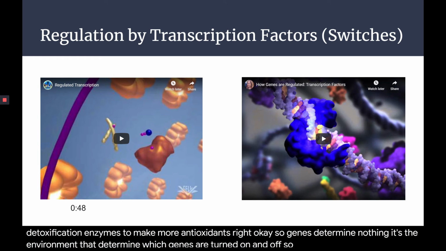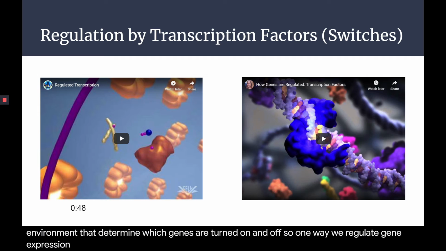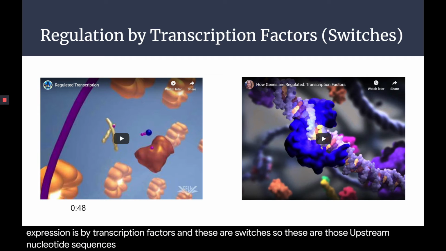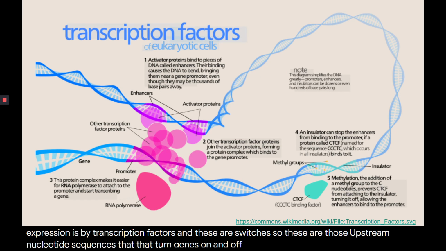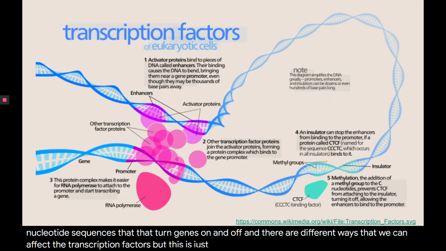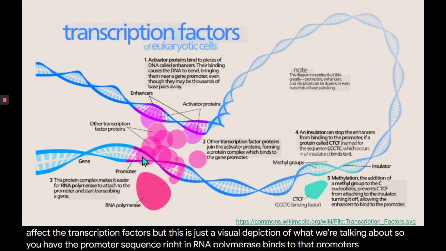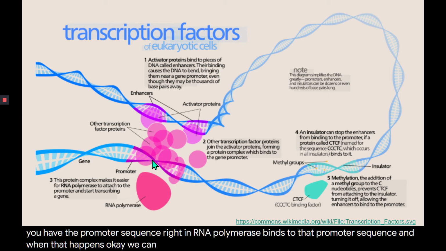So one way we regulate gene expression is by transcription factors, and these are switches. These are those upstream nucleotide sequences that turn genes on and off. There are different ways that we can affect the transcription factors, but this is just a visual depiction of what we're talking about. So you have the promoter sequence, and RNA polymerase binds to that promoter sequence, and when that happens, we can start transcribing a gene.